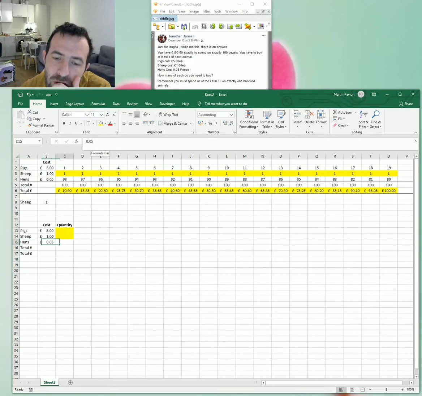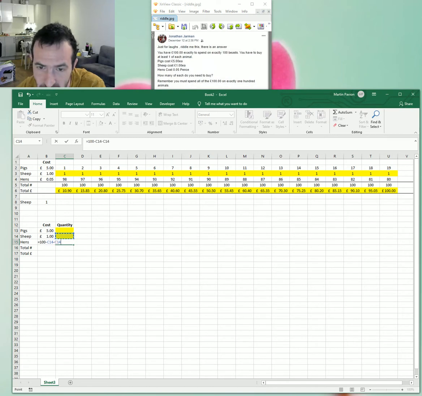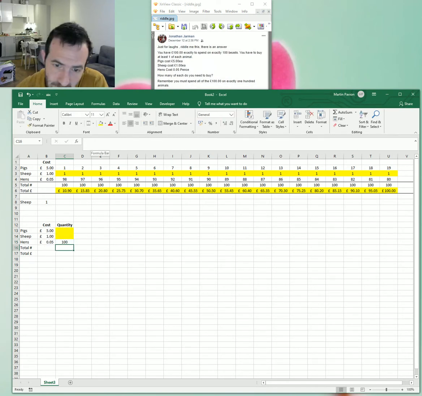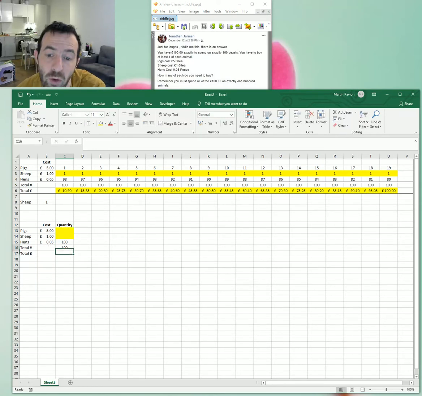Okay, so what's great about Solver is it will look for more than one value. We don't need all three, because we can still apply that same formula as before: the quantity of hens is going to be 100 minus the number of sheep minus the number of pigs. So we know as well the total number is going to be the sum of these. Obviously we haven't got the answers yet, so these numbers don't really make sense, but we're just putting the formulas in.